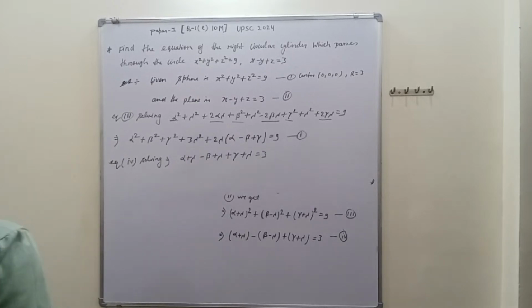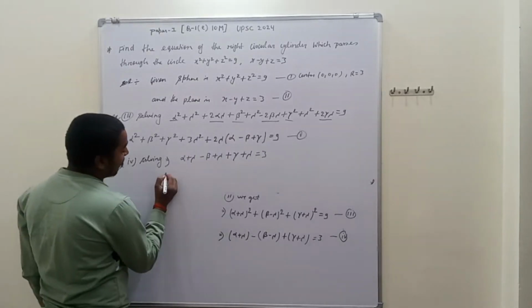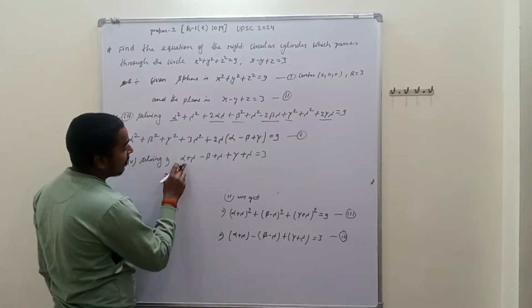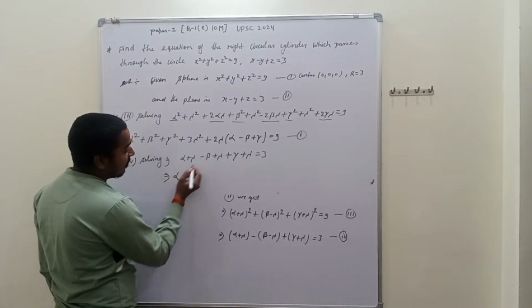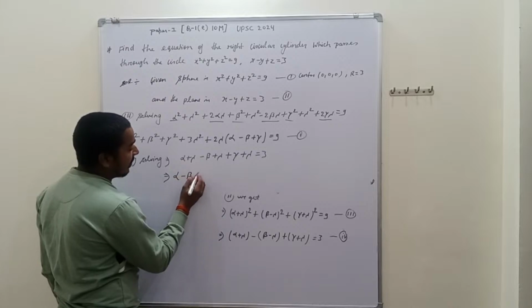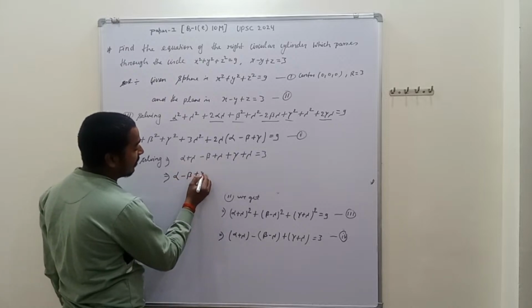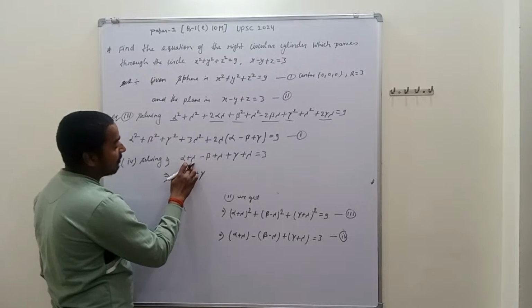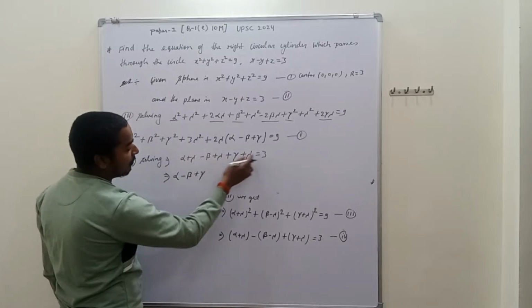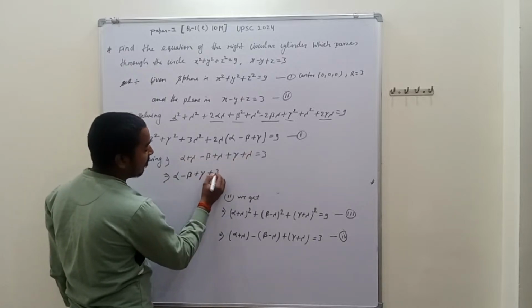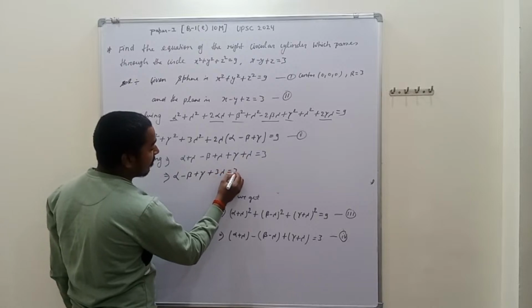We have to further solve from here, that is alpha minus beta plus gamma, and lambda 1 2 plus 3 lambda is equal to 3.